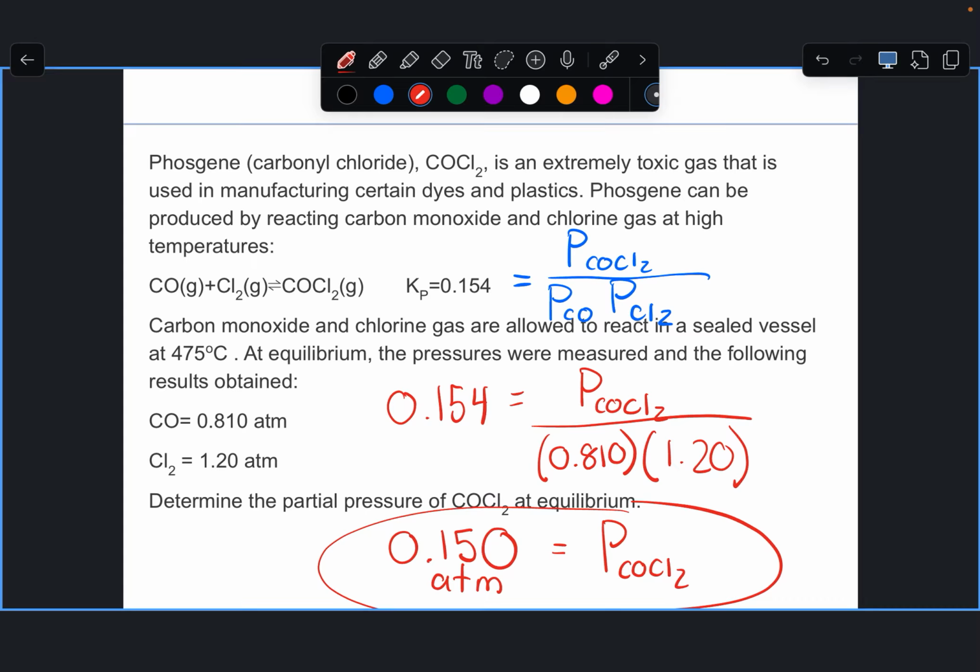Okay, so you should have a pressure for the phosgene, COCl2, of 0.150 atmospheres.